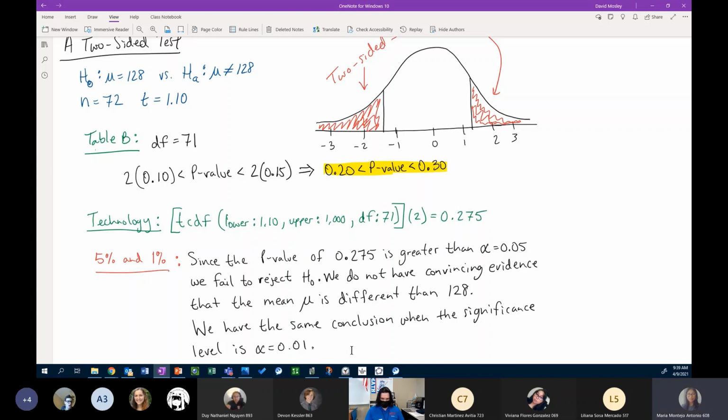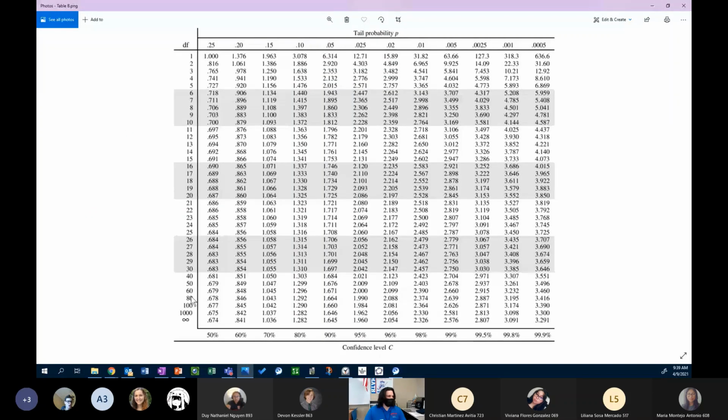For the degrees of freedom in table B, we didn't have 71. So which number did you use? 60. 60 is the largest degree of freedom on table B that is not greater than 71. Let me pull up my picture here. So 71 would be between 60 and 80, but we have to go to the lower degree of freedom.